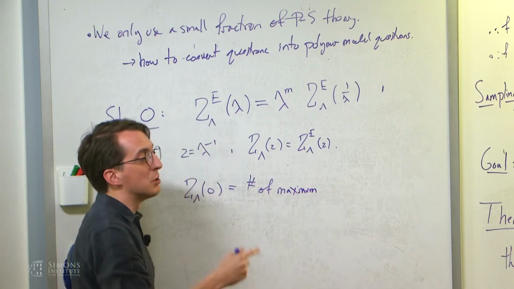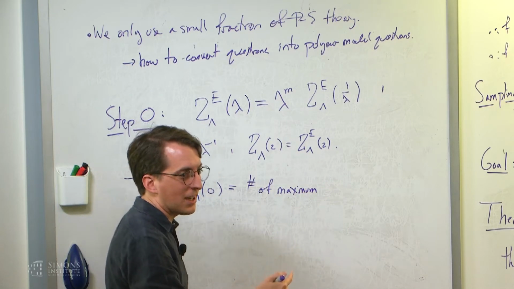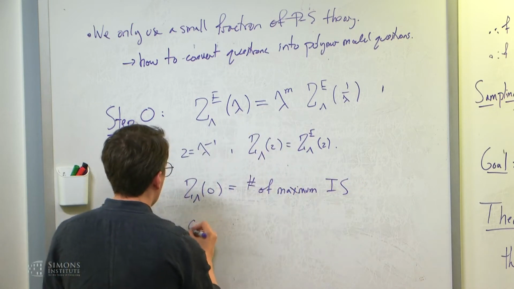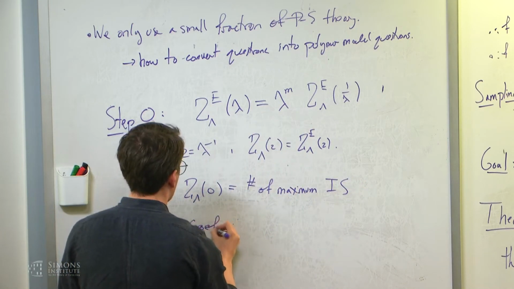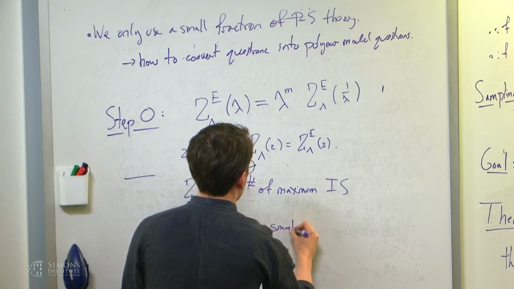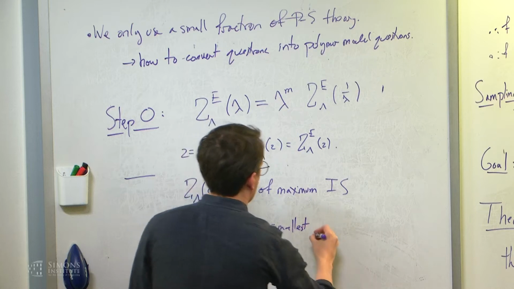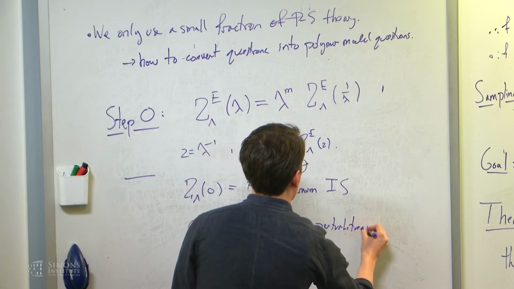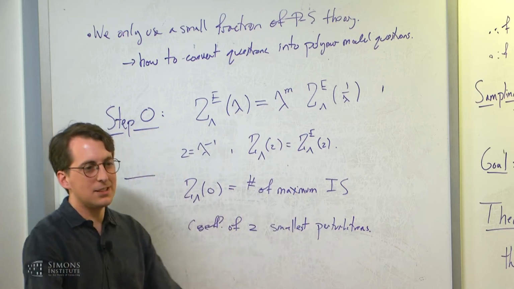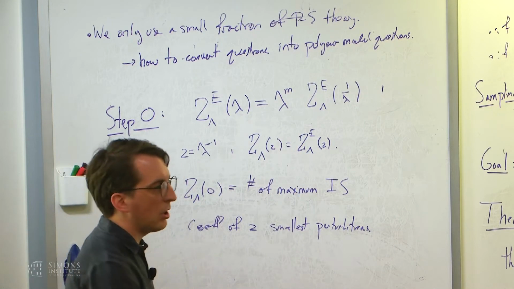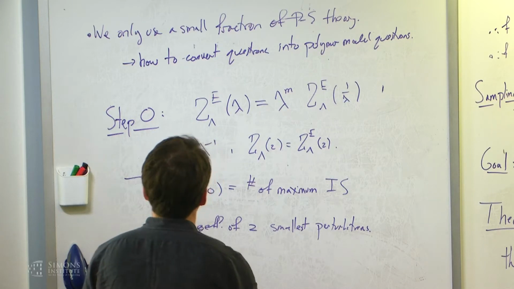Sorry, the number of maximum independent sets, the ones with the highest cardinality. And the coefficients of z are the smallest perturbations.